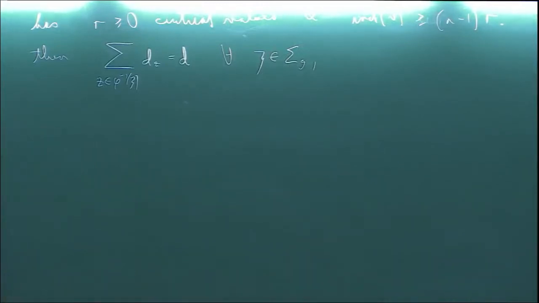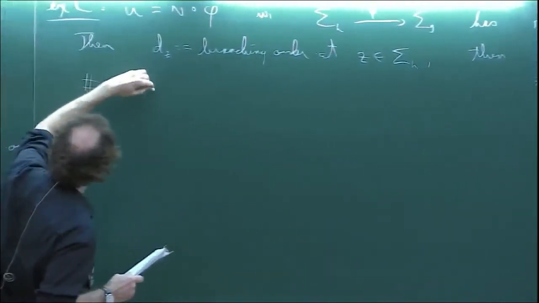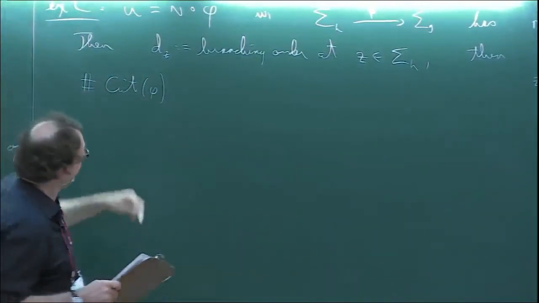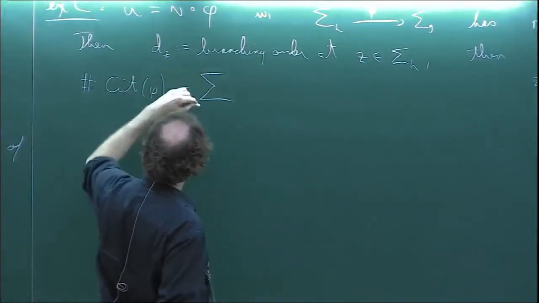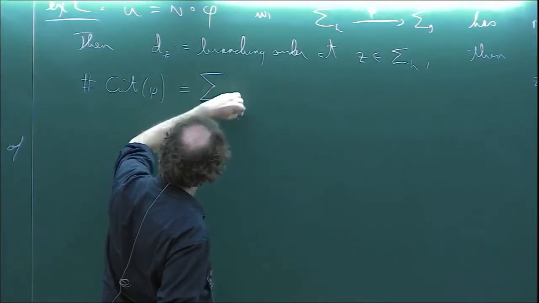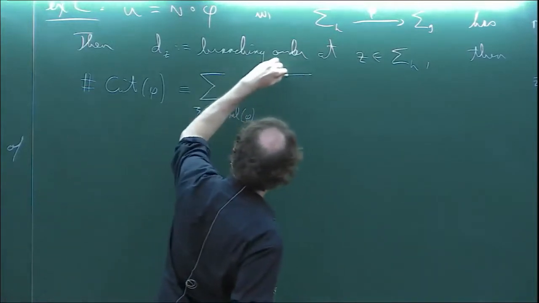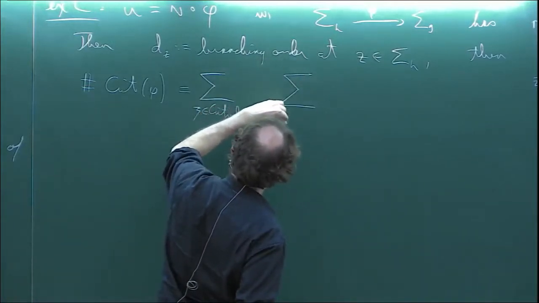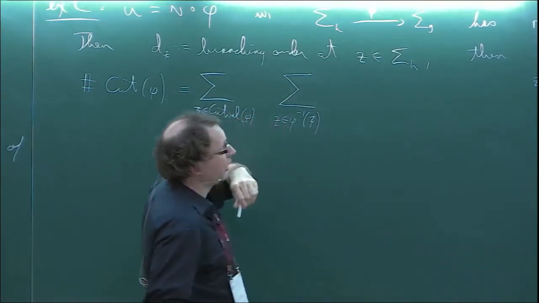The algebraic count of critical points, that's that number that appears over there in the dimension of the moduli space of branched covers. So by definition, take all the critical values zeta and then take all their preimages z in phi inverse of zeta, and add up the branching orders minus 1.